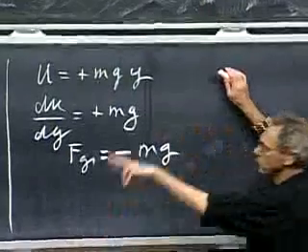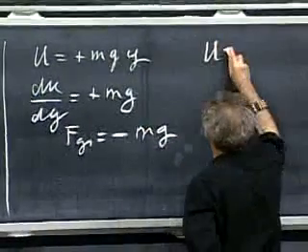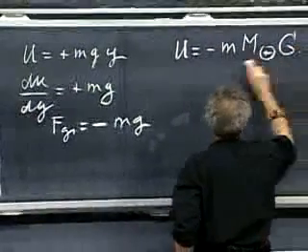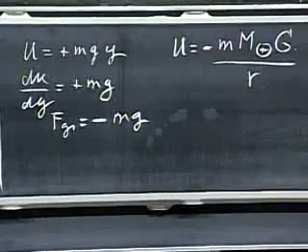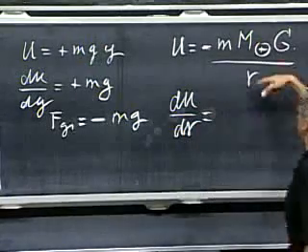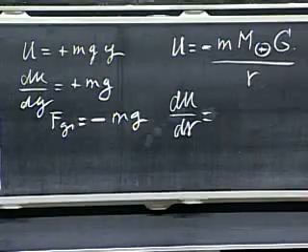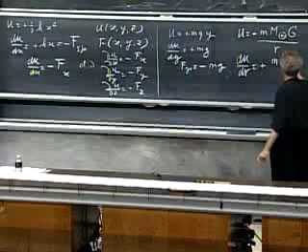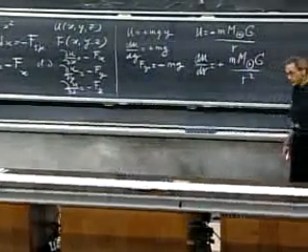Now we take the situation that we are not near Earth. We have U equals minus m_Earth g divided by r. There's only an r here. So dU/dr: the derivative of 1 over r is minus 1 over r squared. The minus sign eats up this minus sign, so I get plus m_Earth g divided by r squared.